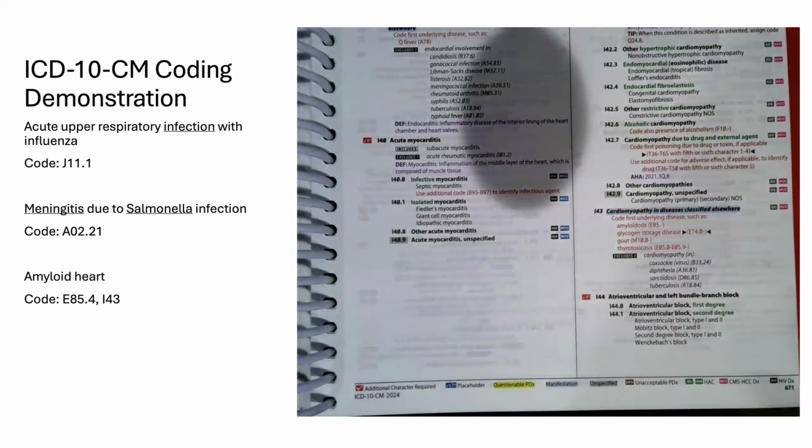We're not writing them out or anything like that. So be careful when you're using the encoder products for any of your coursework or your assignments where they don't show you the decimal. If you're putting these codes into your test questions, if you leave out this decimal point in any of your ICD-10-CM codes, that code will be considered incorrect. So get into the habit of writing that decimal place in there.